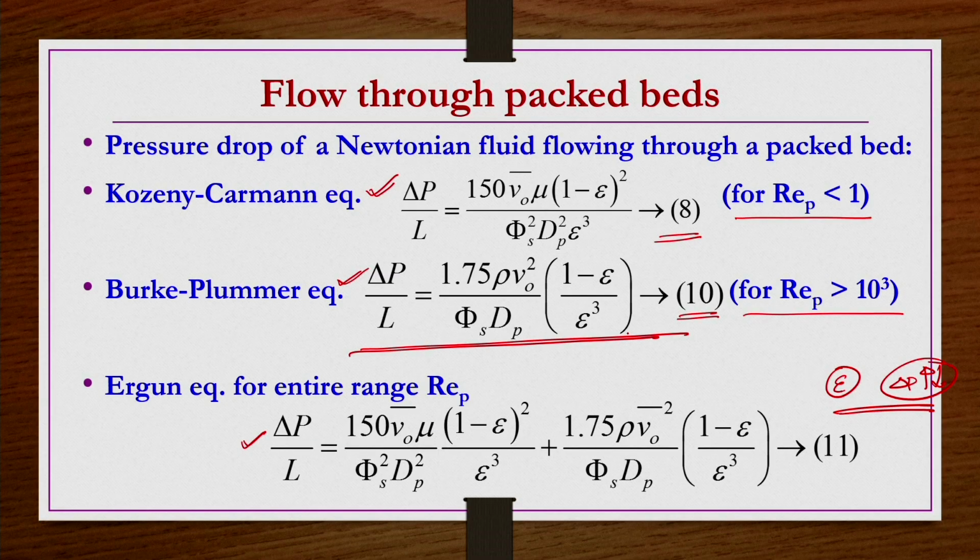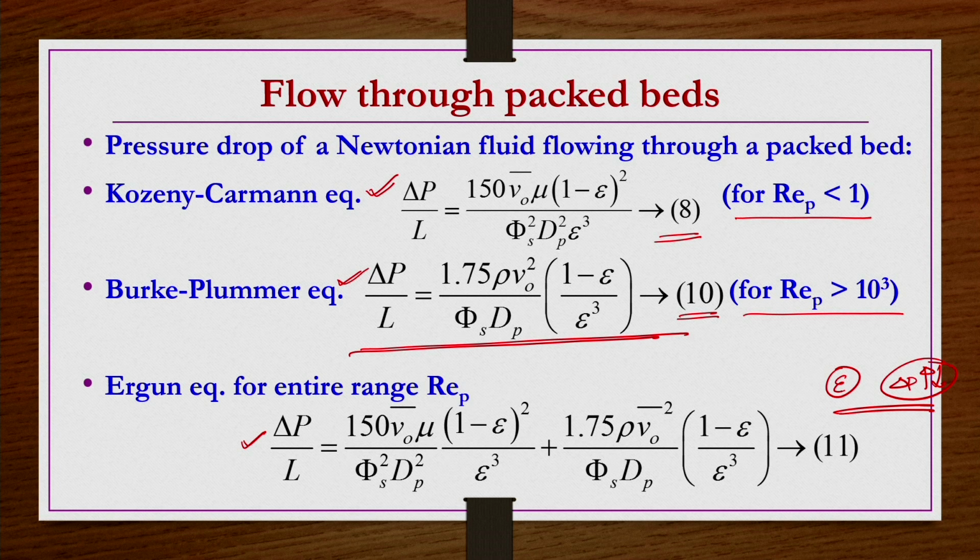But in which equation should we make this adjustment? We should do that only in equation number 10 if we are looking for kinetic energy losses, because equation number 10 talks only about the kinetic energy losses contribution in the pressure drop.